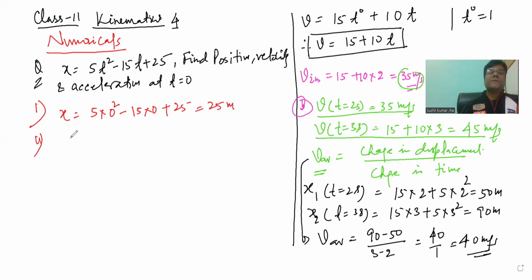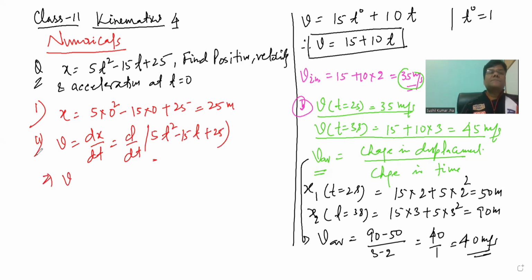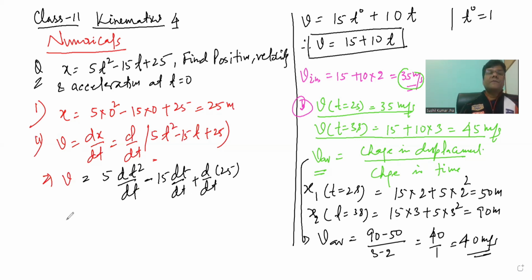Second is velocity. To have velocity, we'll write dx upon dt. So d upon dt of the equation 5t square minus 15t plus 25. So v would be 5 d(t square) upon dt, 5 is constant, minus 15 dt upon dt plus d upon dt of 25.